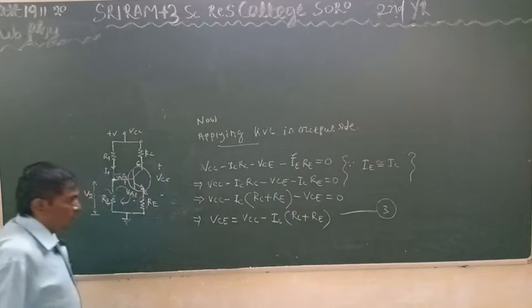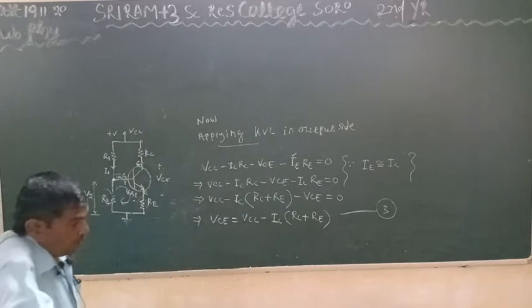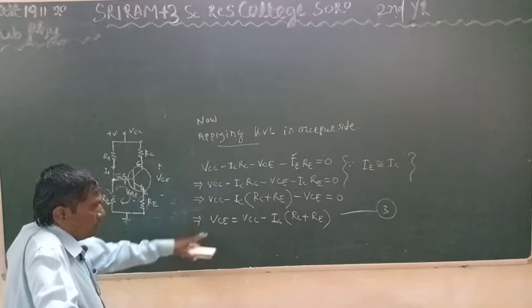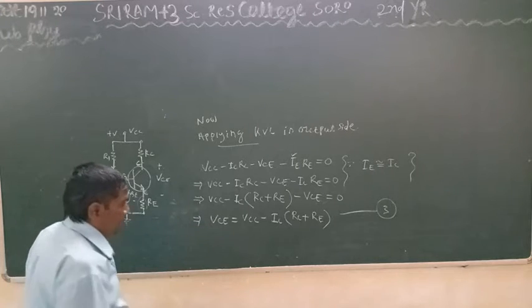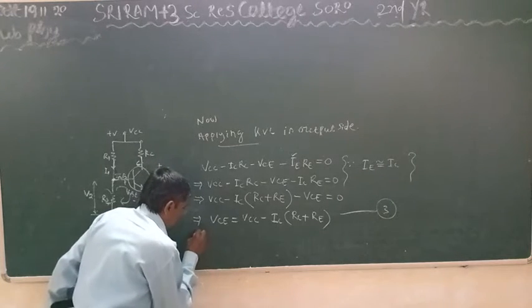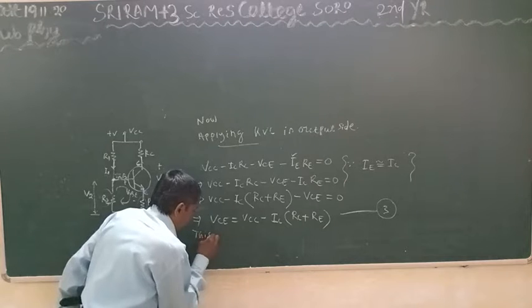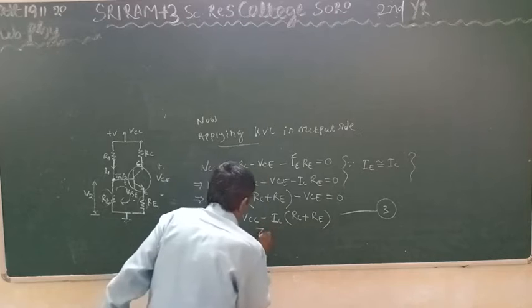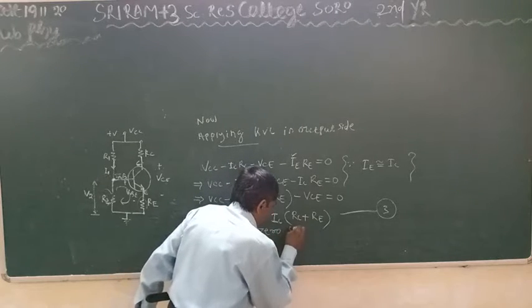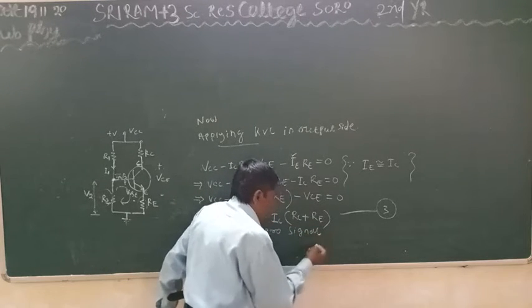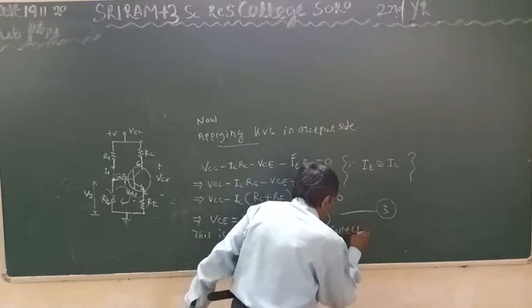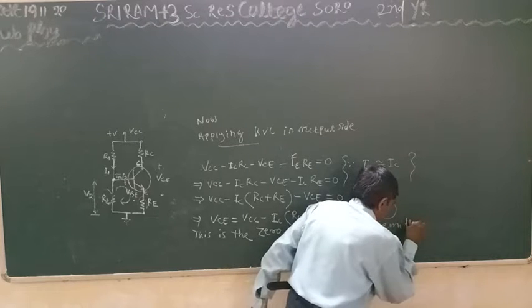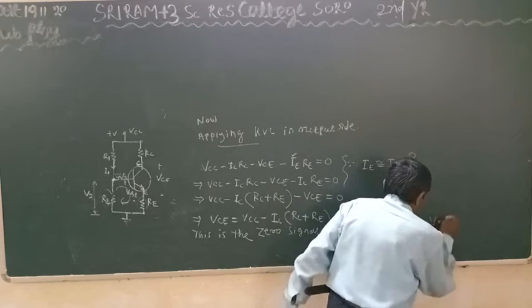This voltage from collector to emitter is known as the zero signal collector to emitter voltage.